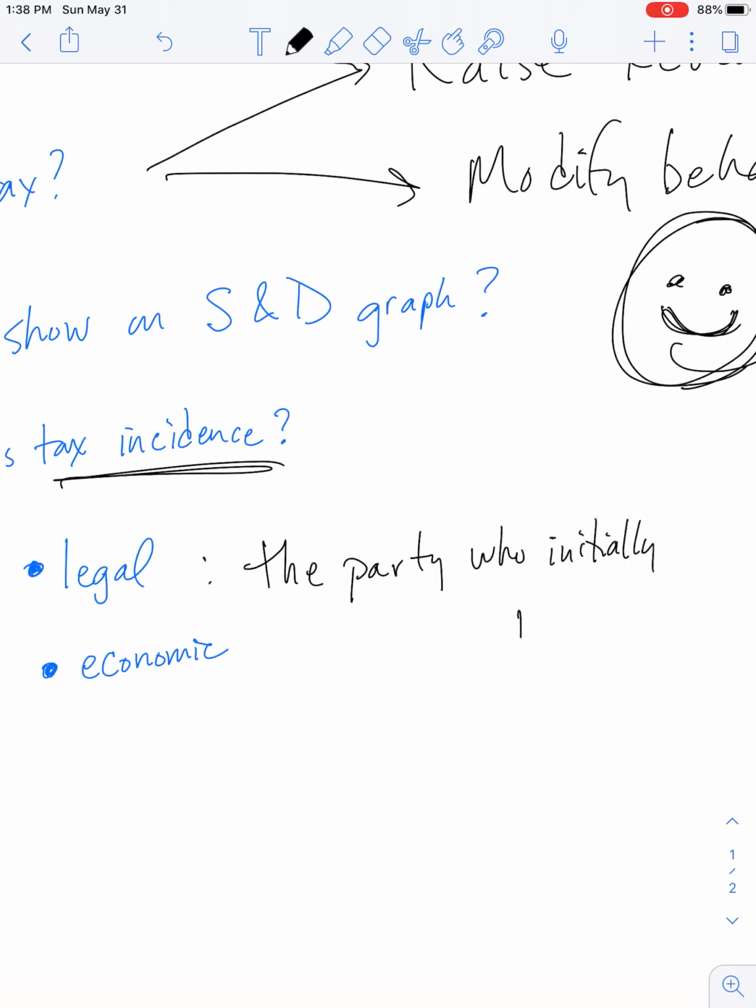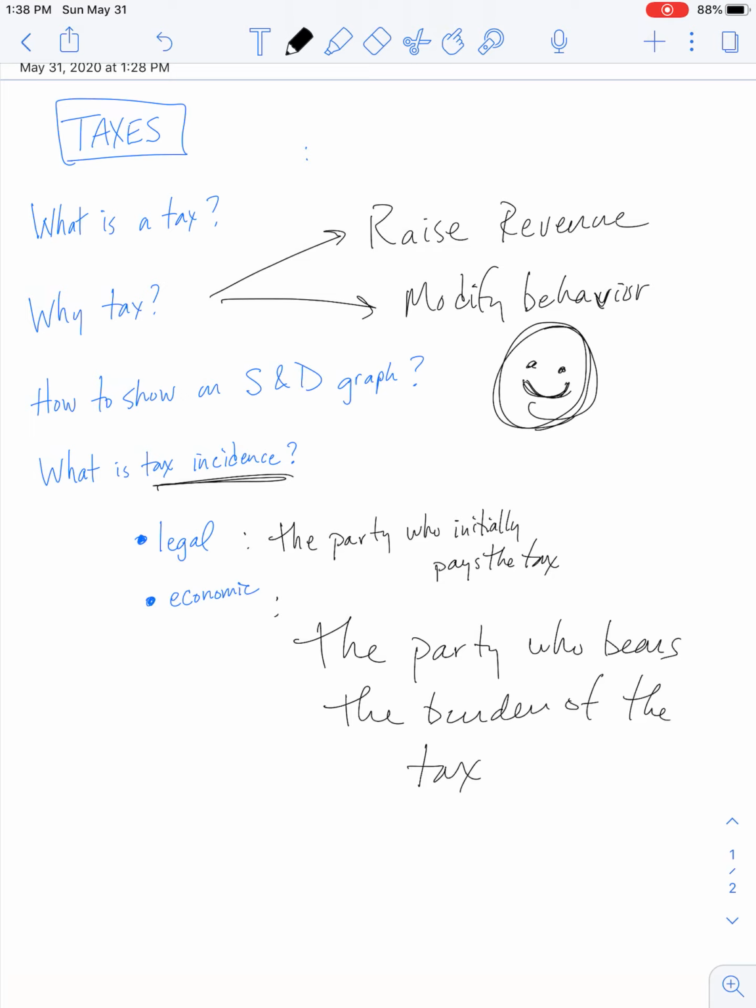The economic incidence, on the other hand, that is the party who bears the burden of the tax. So we say who bears the burden of the tax. That is, who gives up surplus, who is made worse off by the tax. They bear the economic incidence.